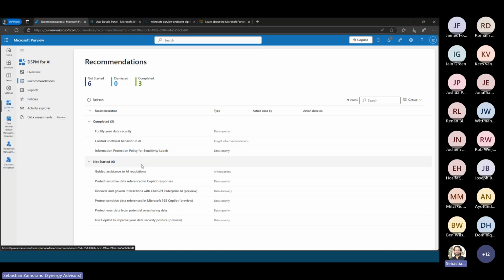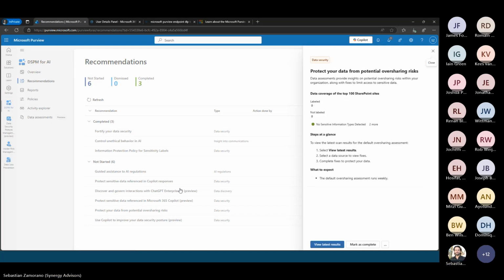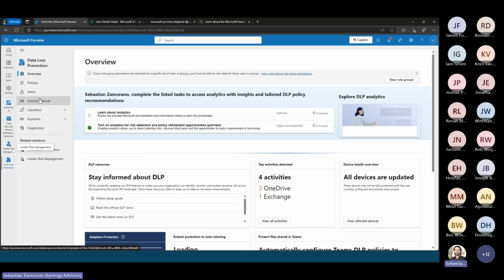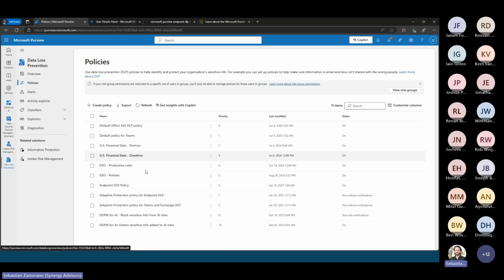When you create the policies that come from the DSPM, and we will see the same under insider risk management and others, some policies are created automatically here. In general, all these policies are in simulation and don't take any action.